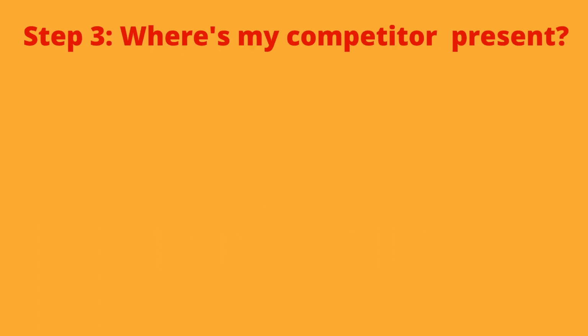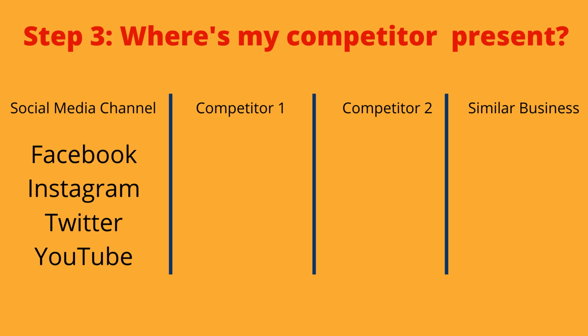The third step is analyzing your competitor. Here I've just given an example of a competitor analysis. It's not only your competitors, but you can also look at businesses in a similar domain.